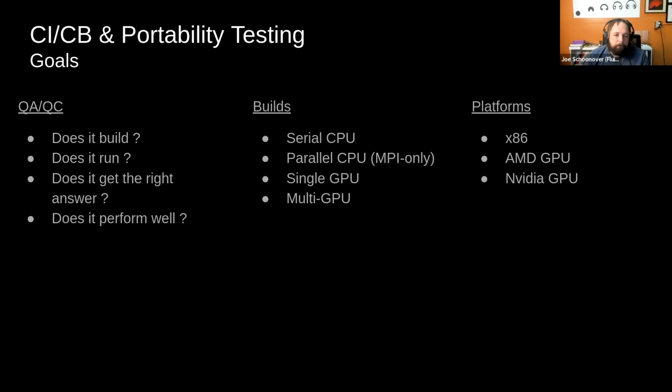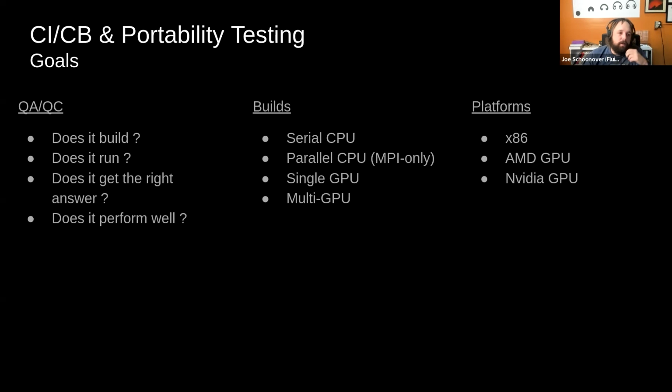On the GPU side, we have AMD GPUs and Nvidia GPUs, and on the horizon for us is looking at the Intel Xe GPUs as well. I'm still looking for support for those through HIP, but I suspect that will be coming hopefully in the near future.